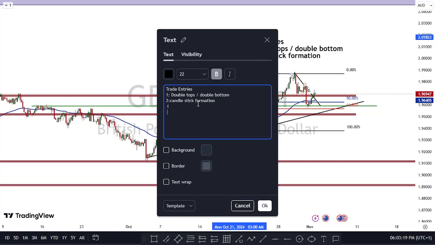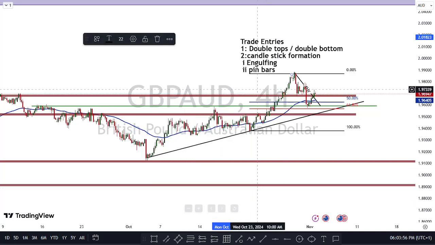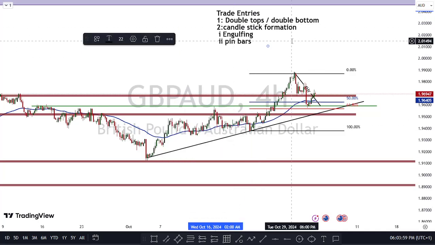These are the two major ones I like to use, which is very cool to use: the engulfing candlesticks and the pin bars. These are the two we know very well and use in our trading strategy.